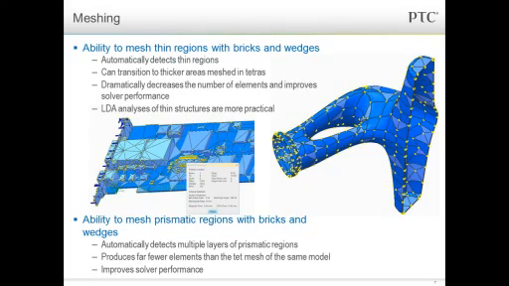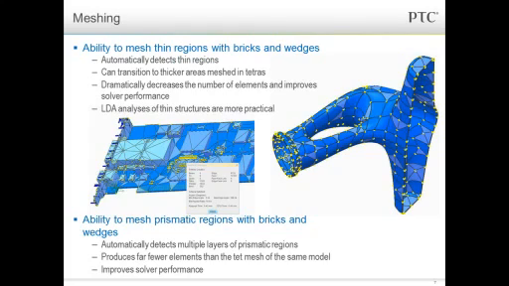ahead and create solid. So again, this was one of the holdups where, in Wildfire 5, for example, you have to wait a long time to have a lot of elements, or you would have to create shell elements. In Creo 1.0, you have this thin element meshing where it uses bricks and wedges to do thin element meshing.